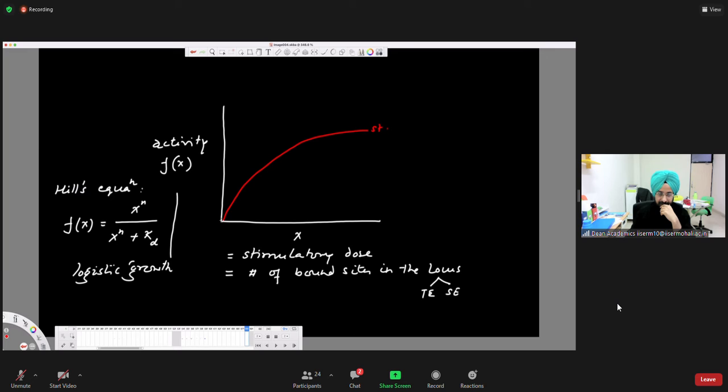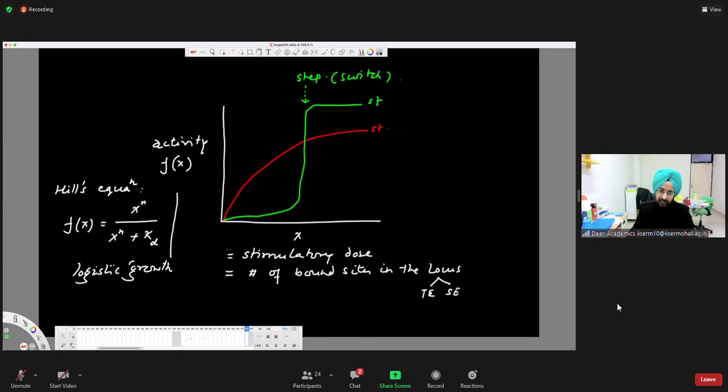In the case of a super enhancer, this activation is sigmoidal, a switch-like thing, like a step function. There is a switch, so there is a switch-like activation of the target gene.